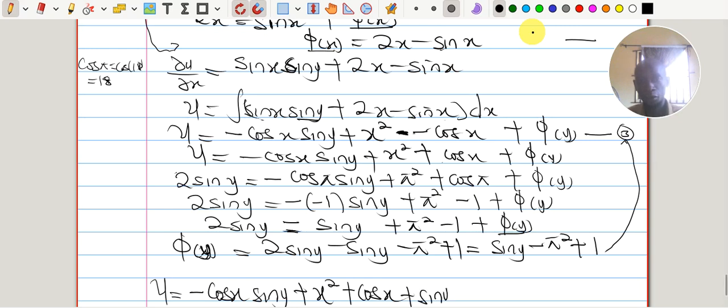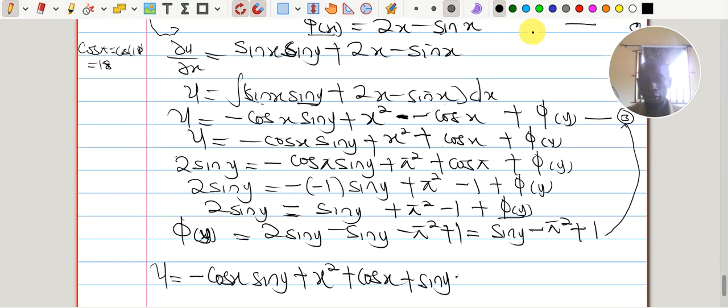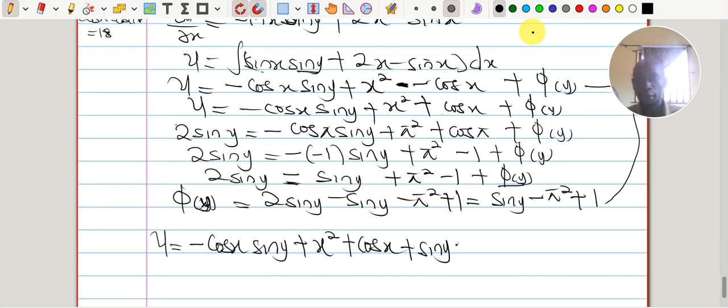Then this is the final. If you like, we can simplify this further. You can take minus cos x sine y here, and cos x plus sine y, then we have x squared minus pi squared plus 1. So this is the final answer.